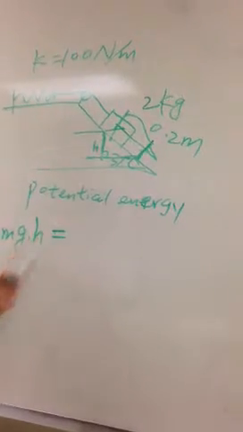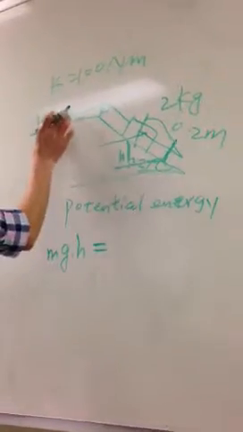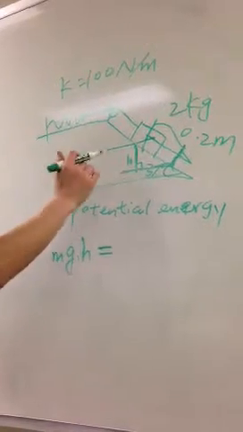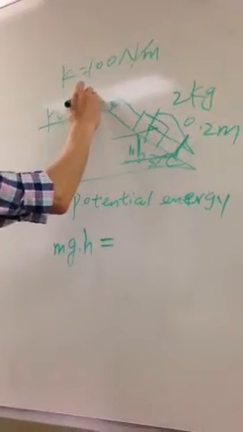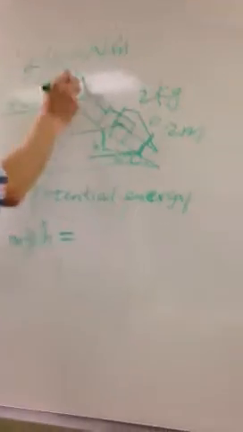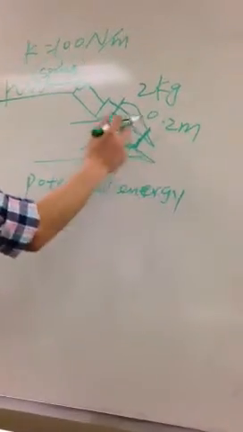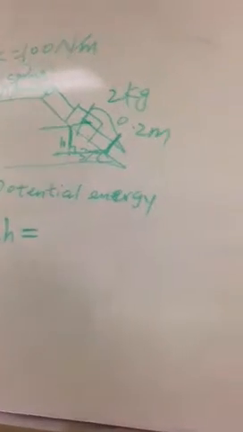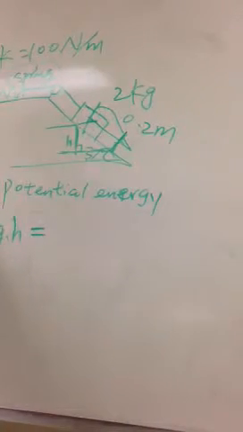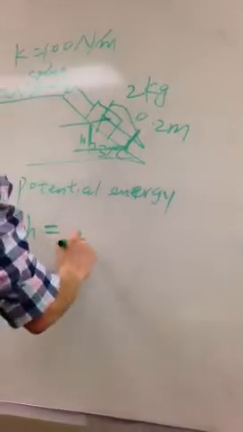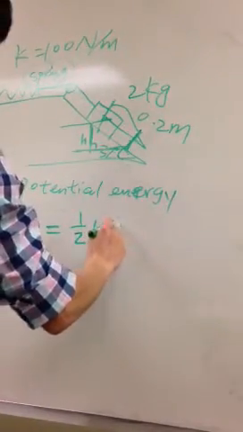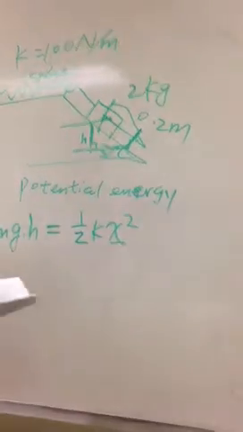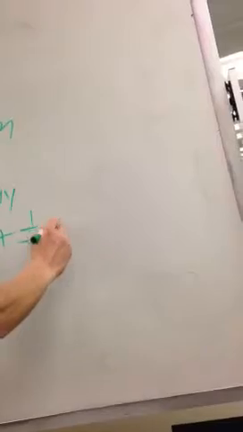And then this energy will convert into the energy in the spring and the kinetic energy of this block, right? The energy in the spring will be 1/2 kx squared, right? And the kinetic is 1/2 mv squared. Okay.